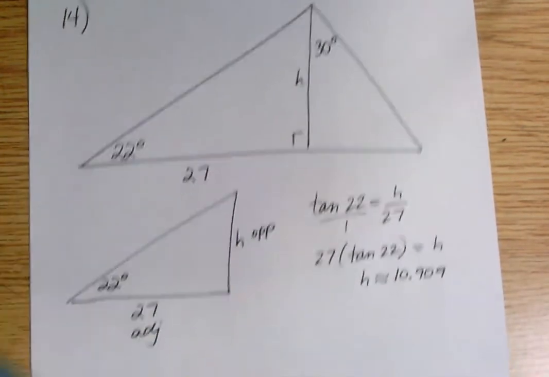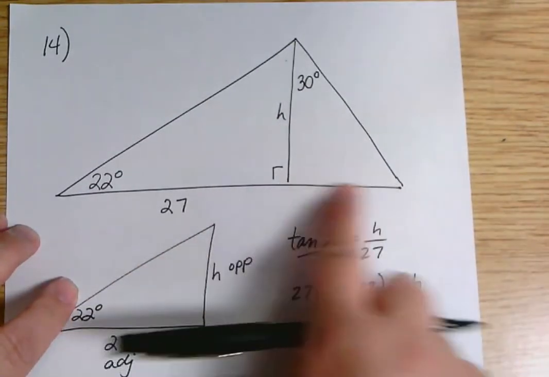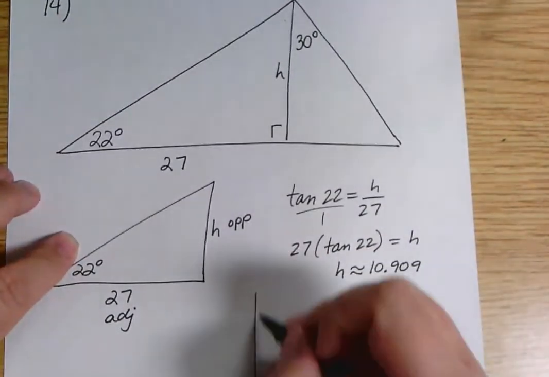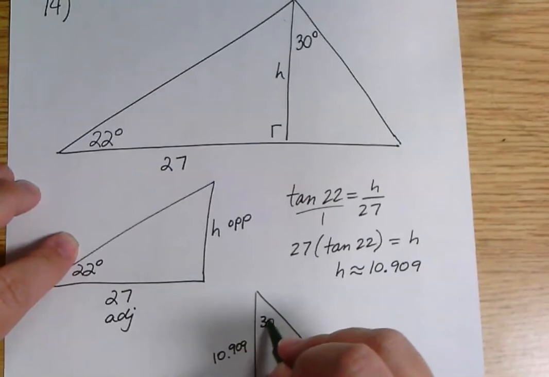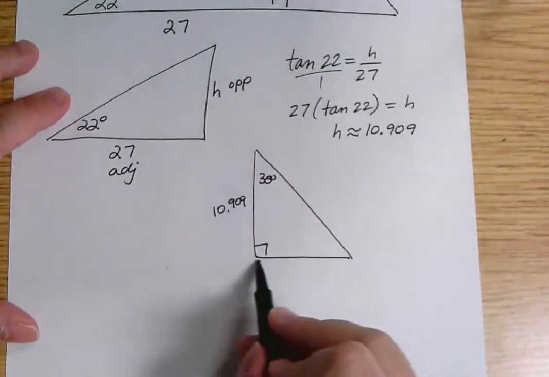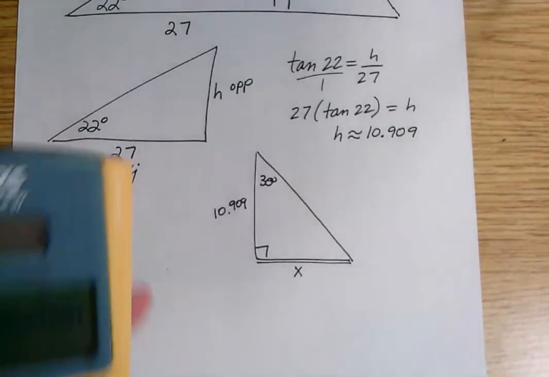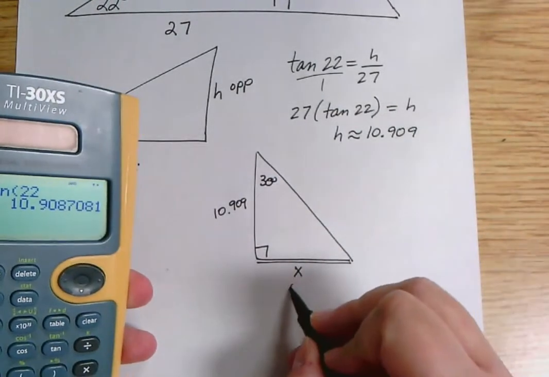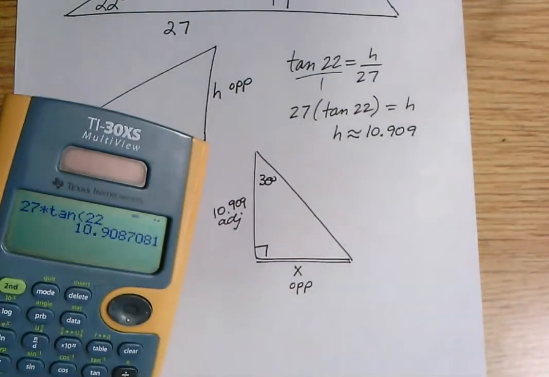All right, so now I'm going to use that number right up here to find this part. 10.909, here's the 30, and I need this part right here. So let's call it X. This is the opposite. This is the adjacent, so it's tan.